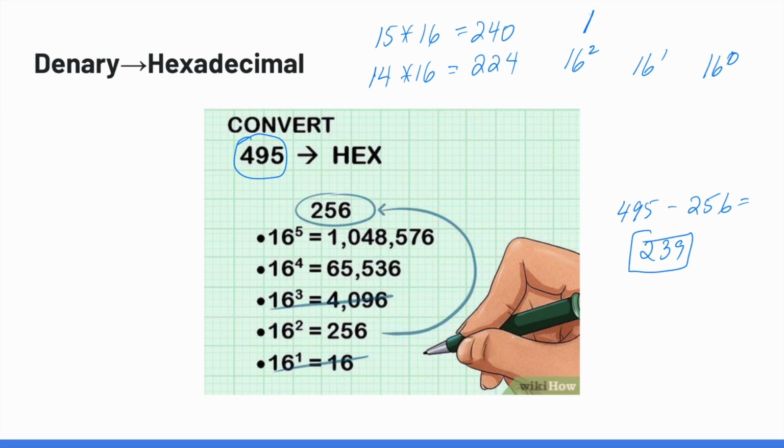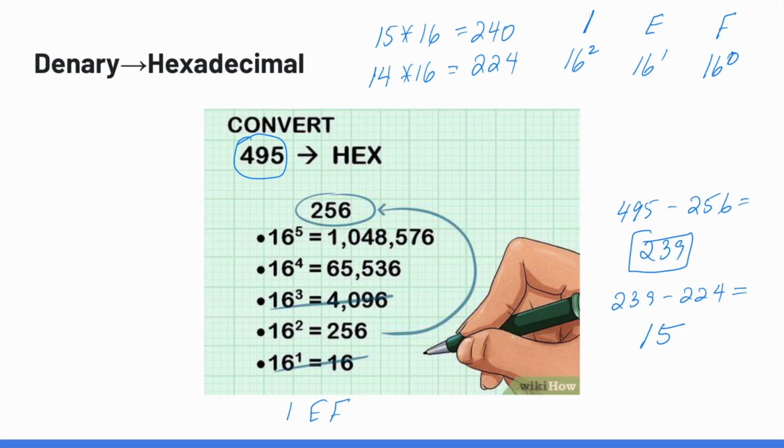And 14 in hex is going to be E. Then we can do 239 minus 224, which is equal to 15. And to represent 15, we can just use F. So our answer is 1EF in hex.